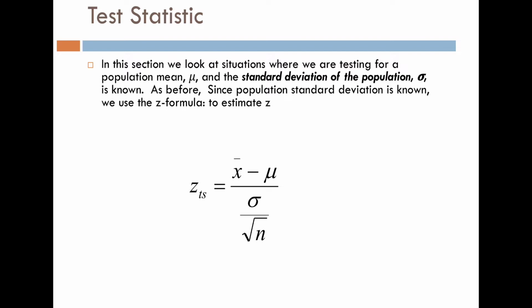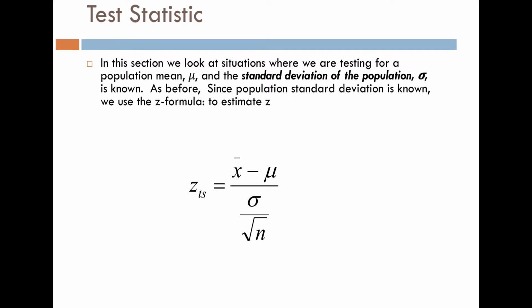Now, the important part of this sentence is this part. The standard deviation of the population is what makes this symbol, the sigma, significant.